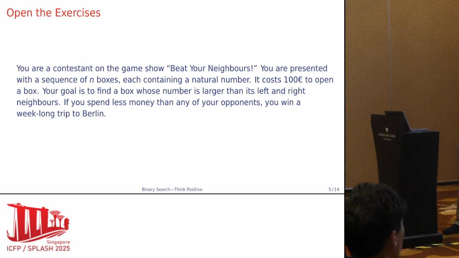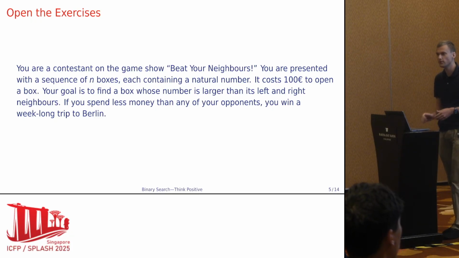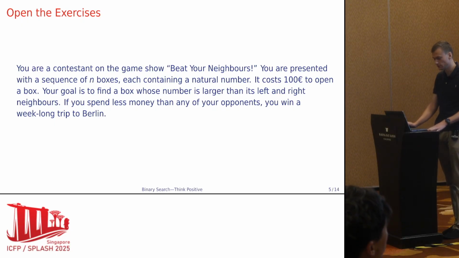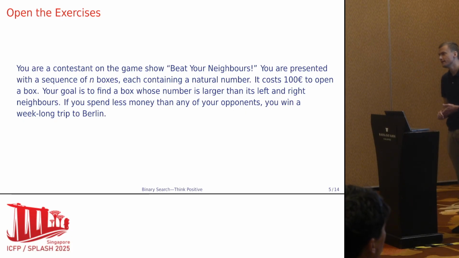You are a contestant on the game show Beat Your Neighbors. You are presented with a sequence of n boxes, each containing a natural number. It costs 100 euros to open a box. Your goal is to find a box whose number is larger than its left and right neighbors. If you spend less money than any of your opponents, you win a week-long trip to Berlin.